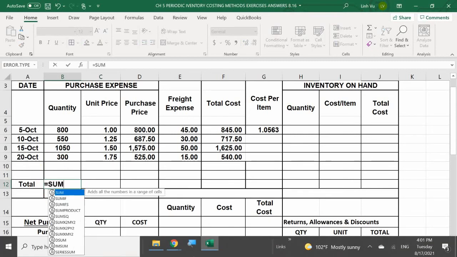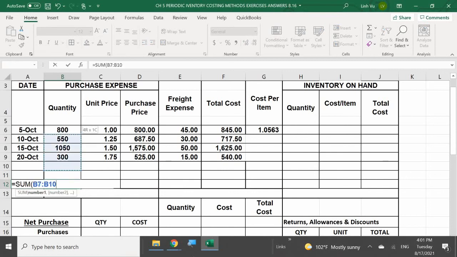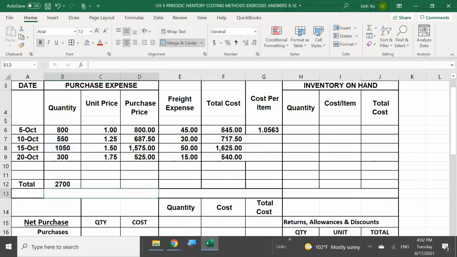So in this case, how many items did I purchase in grand total? 2,700.